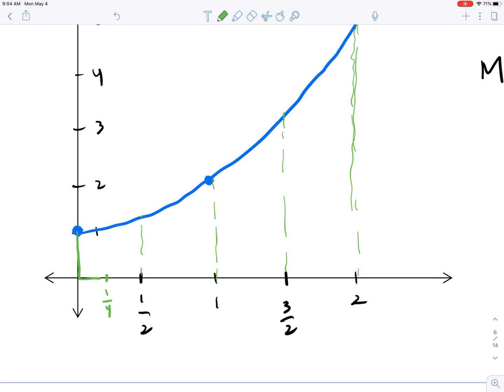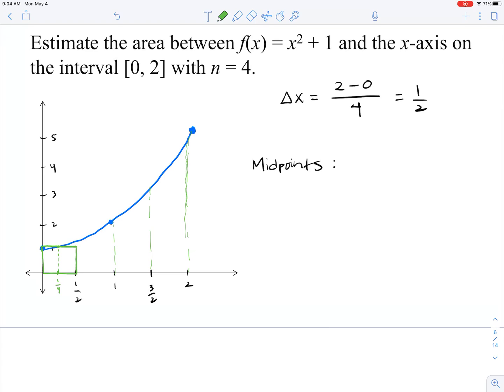So let's look at the first. The midpoint, halfway between 0 and 1/2 would be 1/4. So we would want to use f of 1/4 as the height of our rectangle.